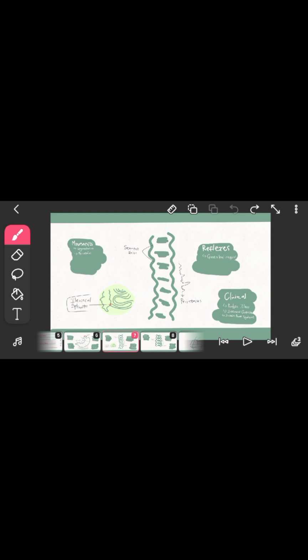So here we have the gastroileal reflex again. The gastroileal reflex, as I've said earlier, comes from the distension of the stomach. So the distension of the stomach is the enlargement of the stomach. When the stomach grows bigger or when it extends, the small intestine receives signals from the stretch receptors.